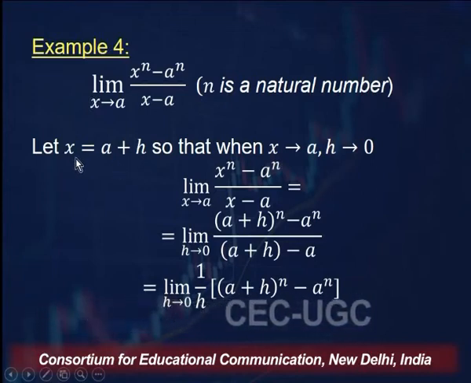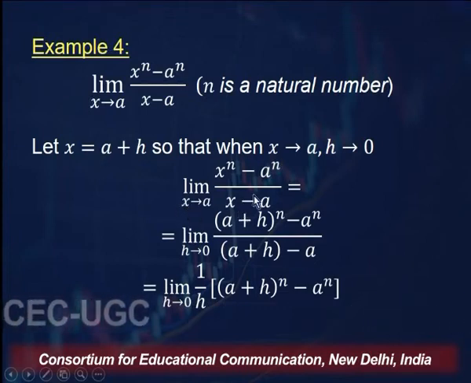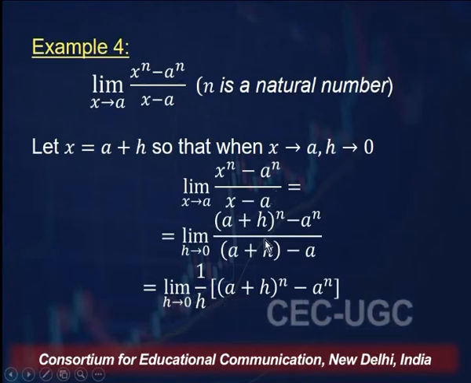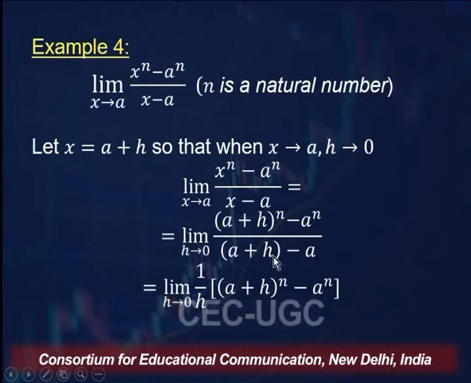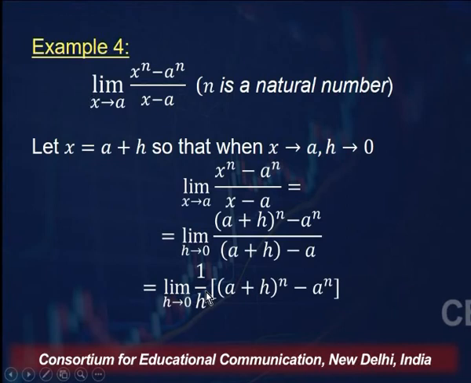Clearly, if x tends to a, then h will tend to 0. This gives the limit of a plus h to the power n minus a to the power n, divided by h, because once you substitute for x, the a's get cancelled in the denominator and you have 1 by h.